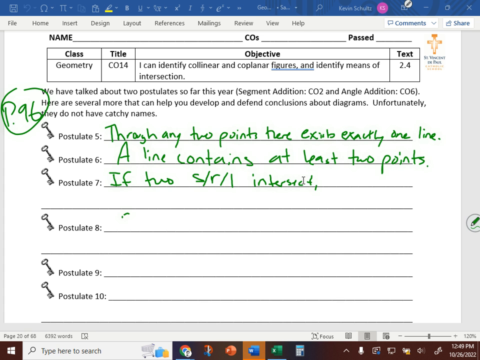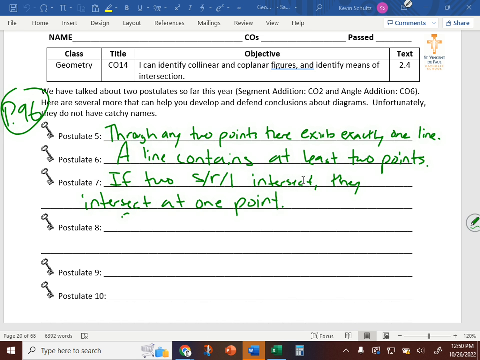So if two segments, rays, or lines intersect, they intersect at one point.